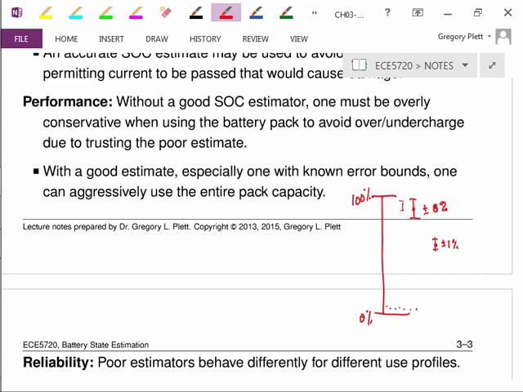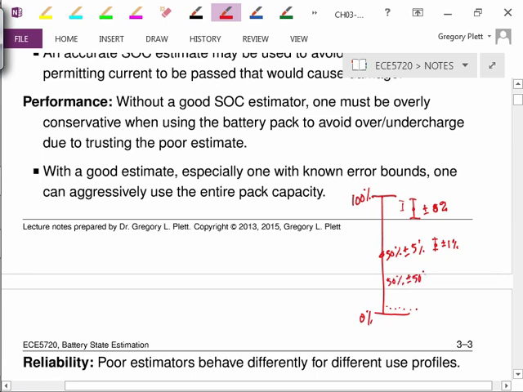So if I have an SOC estimate that's 50% plus or minus 5%, I know what to do with that. But if I have an SOC estimate that's 50% plus or minus 50%, which is obviously extreme and crazy, I don't know what to do with that.